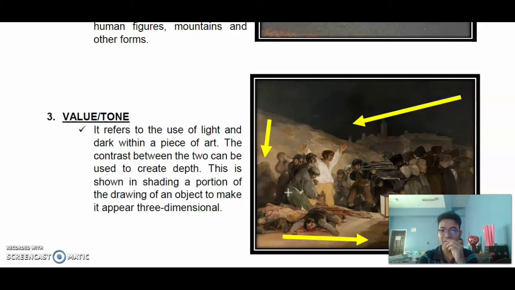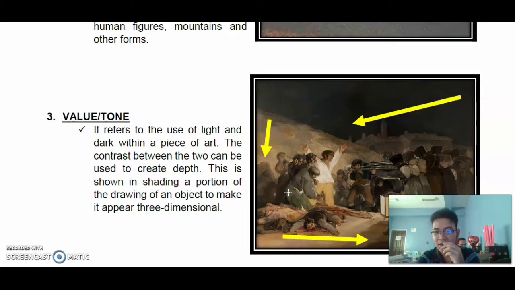So for example, in this painting, you can see that this part has darkened spots, while here we have lighter spots. It means that this area is distant from the focus of the artwork.